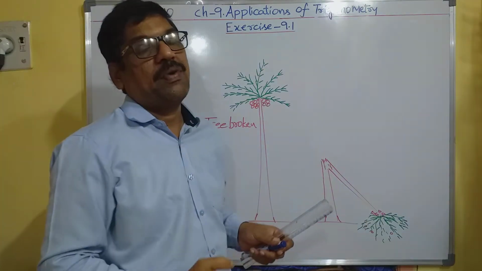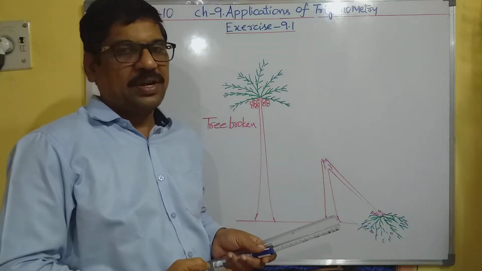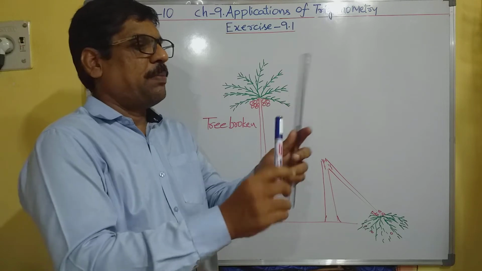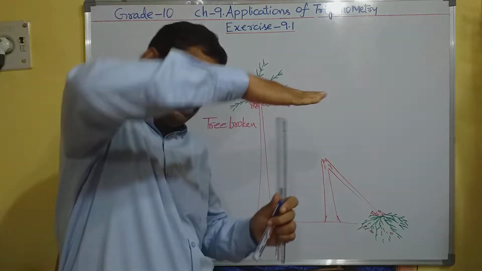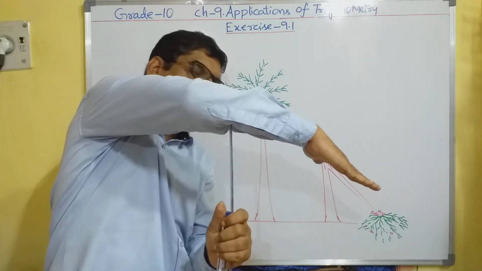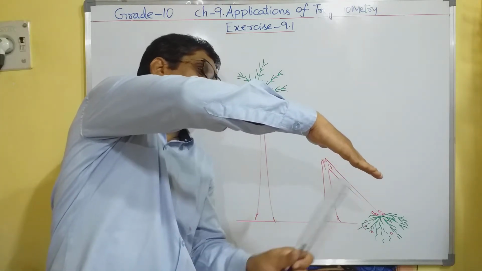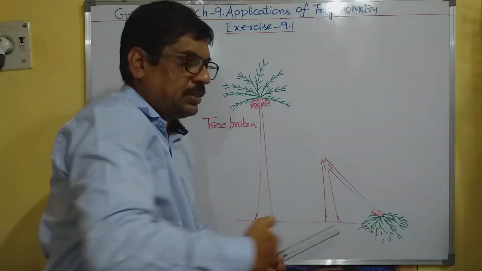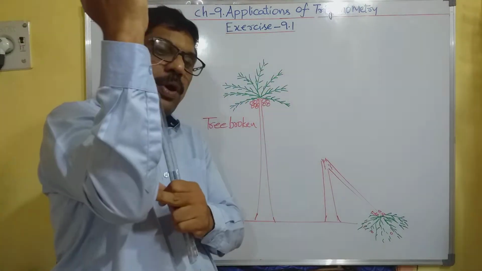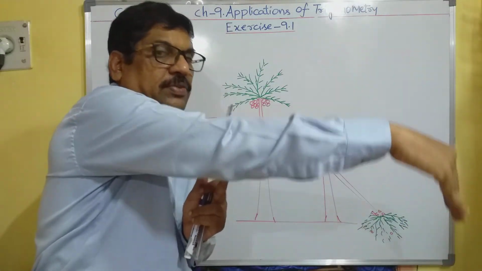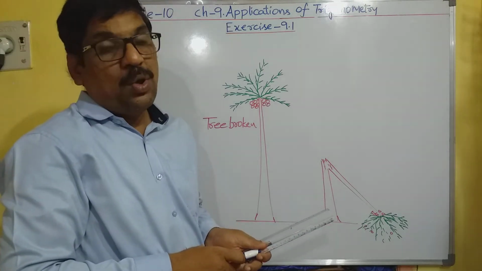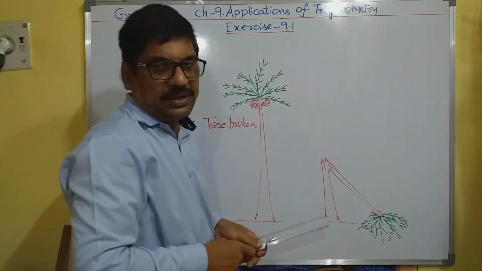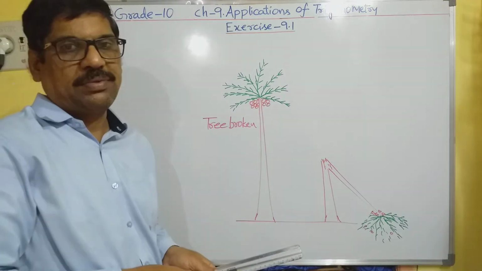Did you understand? The tree was broken, the broken part fell like this, and here the angle made was 30 degrees. The distance where the broken part touches the ground is 8 meters from the foot of the tree. Then we need to find the total height of the tree.